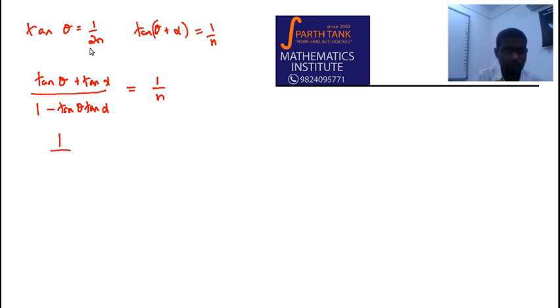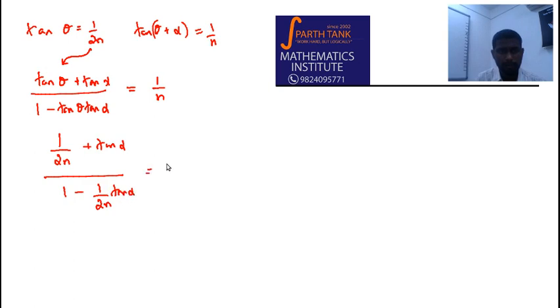Substitute the value for tan theta here. So 1 by 2n plus tan alpha by 1 minus 1 by 2n tan alpha is 1 by n, right? So this becomes 1 plus 2n tan alpha by 2n minus tan alpha is 1 upon n.